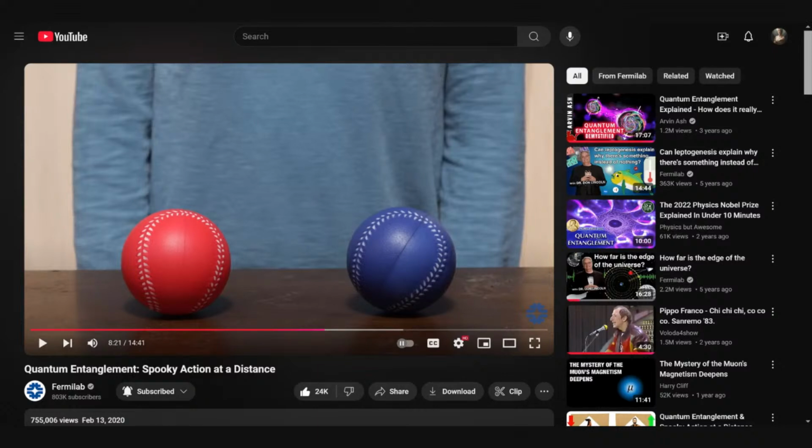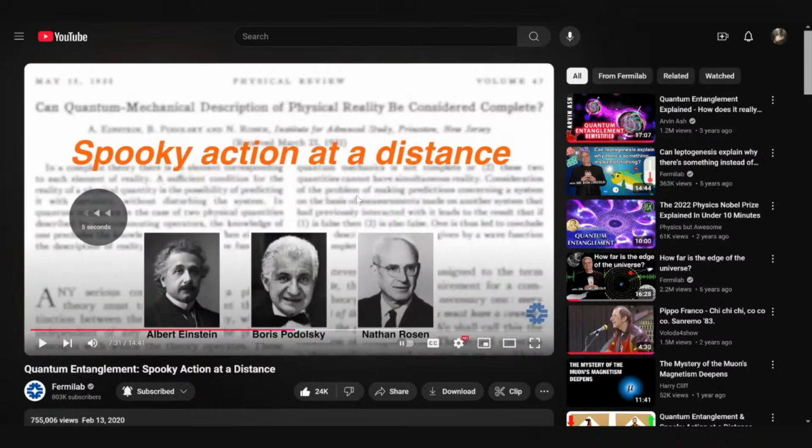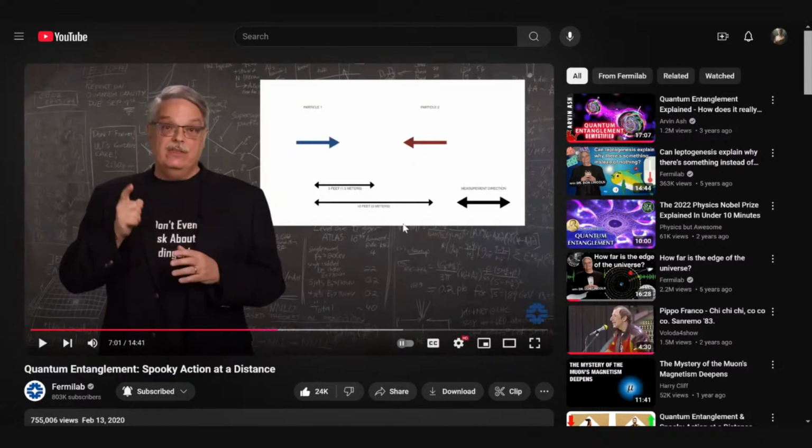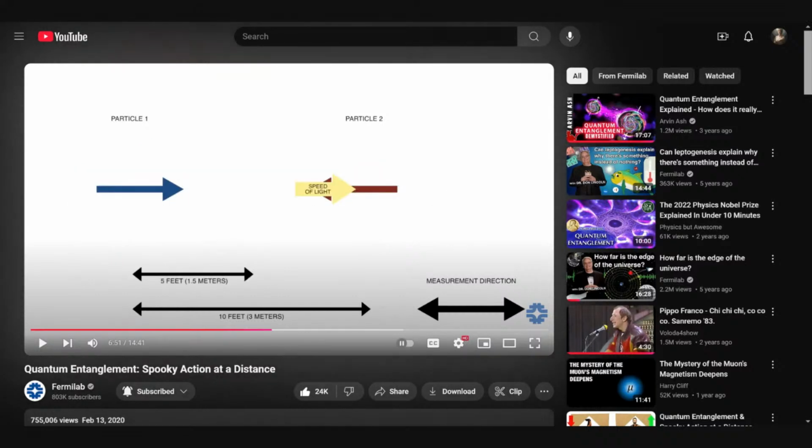So what I'd like to do is write a simple Python script that reproduces this experiment. If I can reproduce this experiment, then we're done. All we need to do is reproduce this experiment.